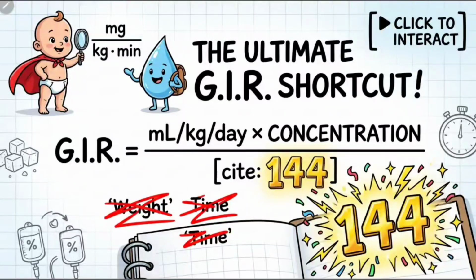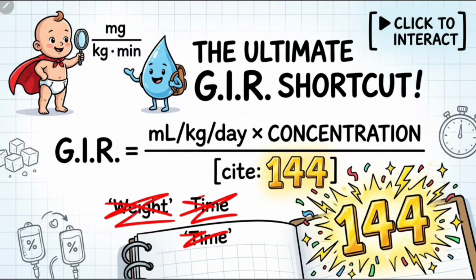We will discuss GIR, Glucose Infusion Rate, how to calculate glucose infusion rate, and how to make a custom percentage of fluid from two different concentrations. From very childhood, we have been mixing, like making a custom color.